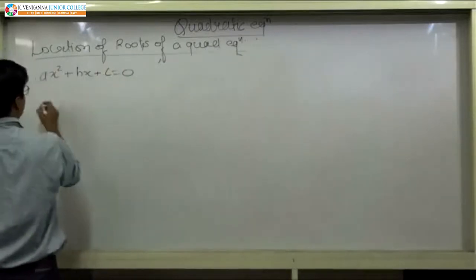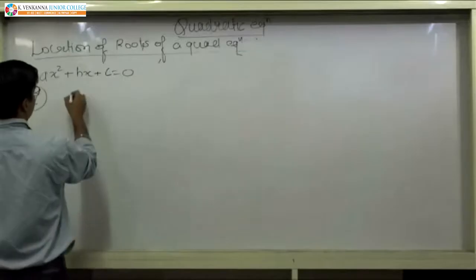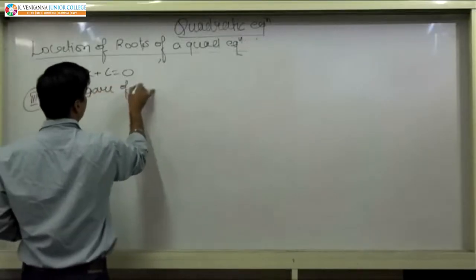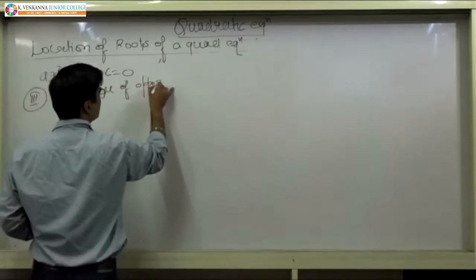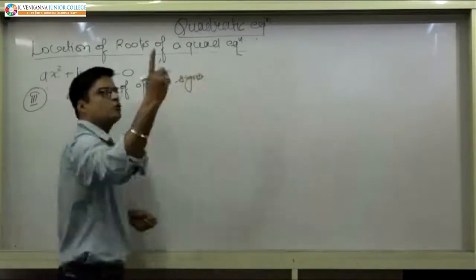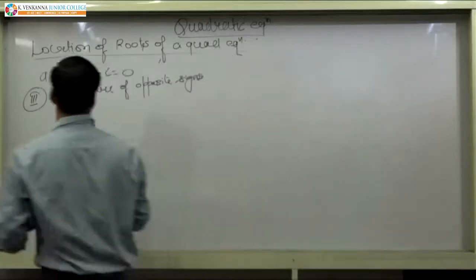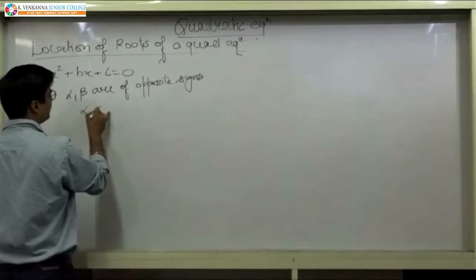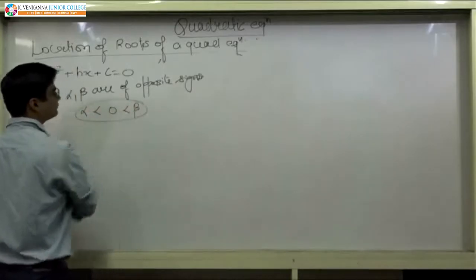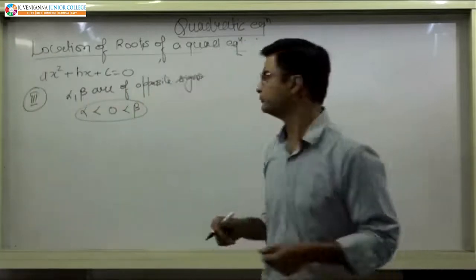Now remember the third case that I taught you in the last class, that alpha, beta are of opposite sign. That means one root is positive and the other root is negative. We can write it like this also: alpha is lesser than 0 and beta is greater than 0.